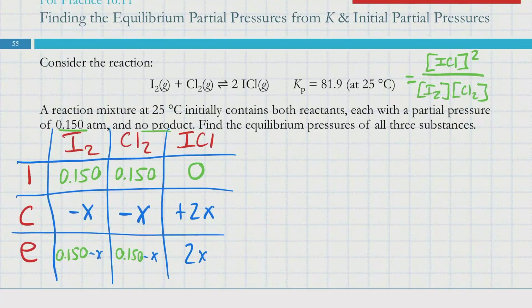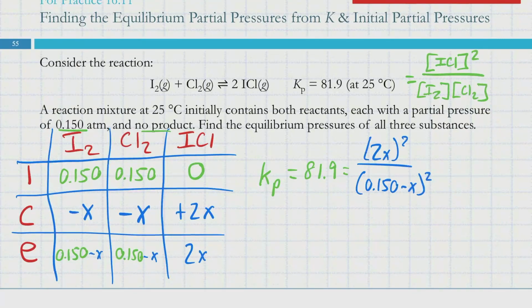Now we get to plug all of those into our Kp expression. So we've got 2x squared up top, and we've got 0.150 minus x squared on the bottom.